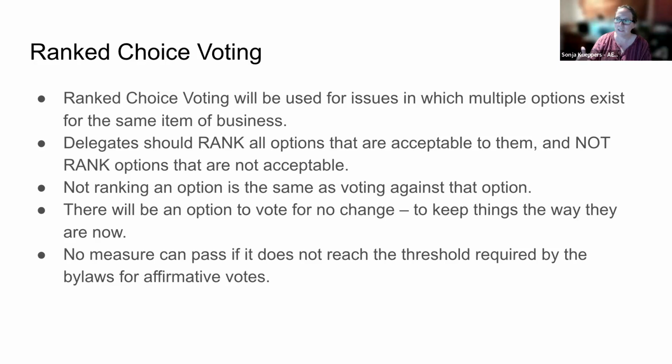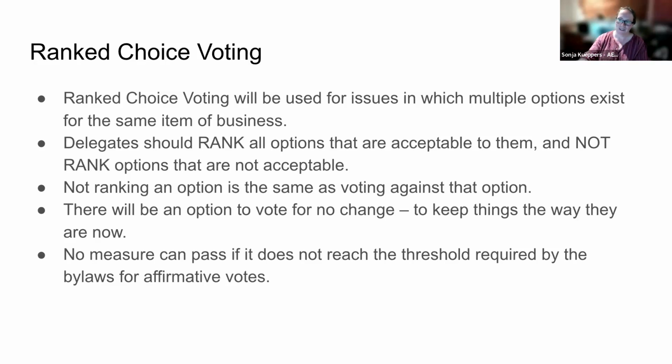This is not an option that you particularly need if you're actually going to rank some of the other options, because in that case, the ones you didn't rank would be sort of equivalent to voting for no change.